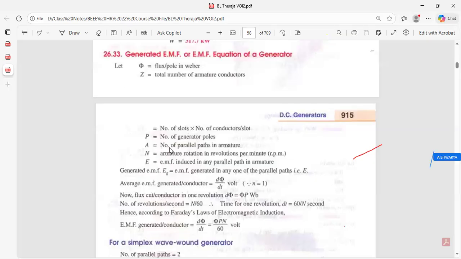There are two types of windings: one is lap winding and the other is wave winding. Write down, I will define A for both lap winding and wave winding. Okay, let us see.